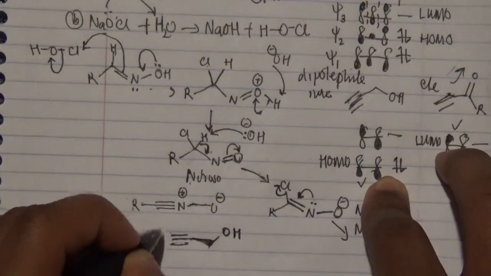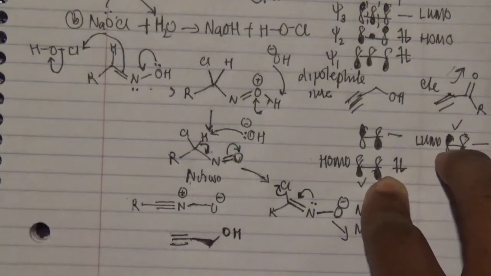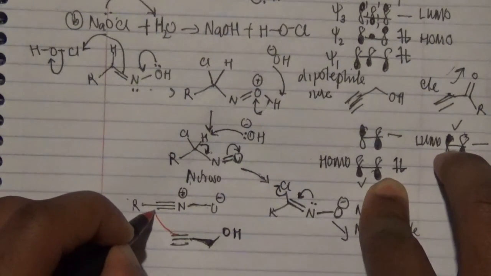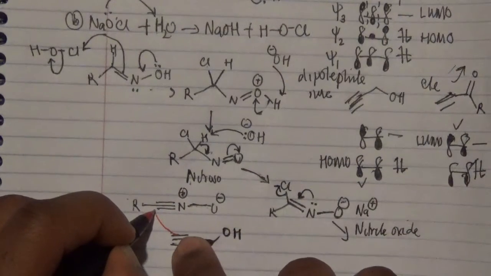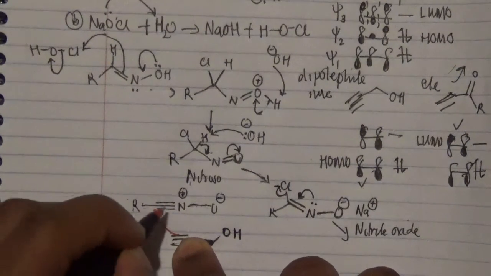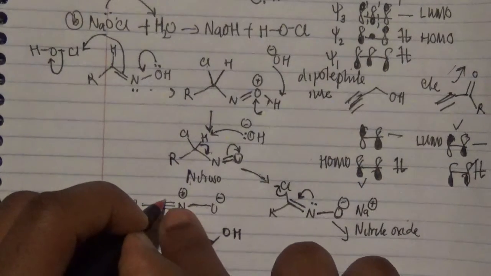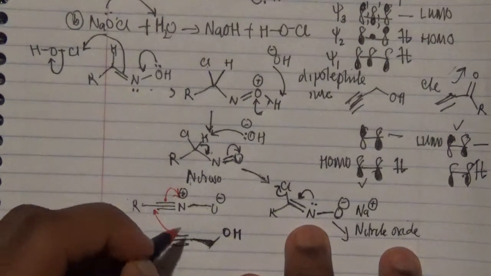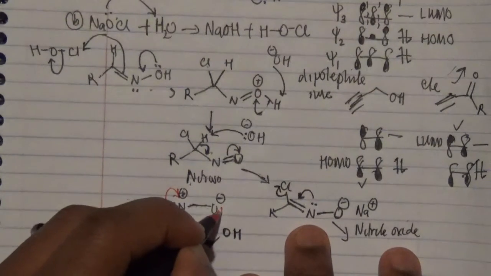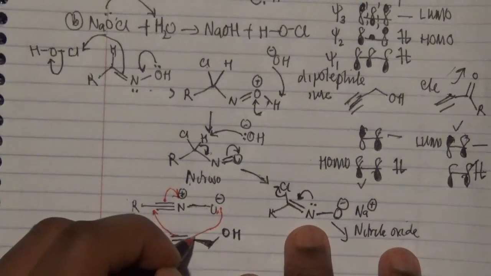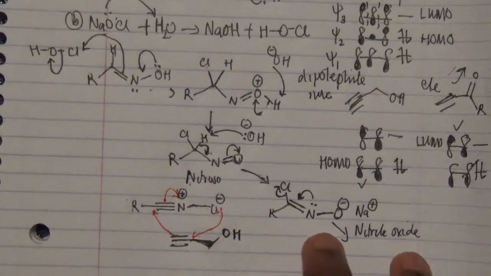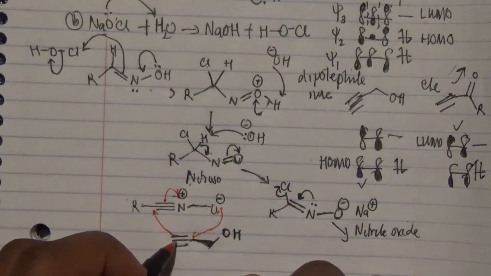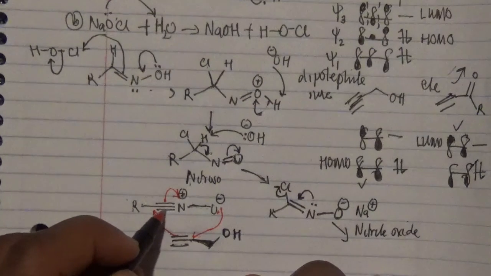of electrons into this particular species over here, where we're going to have this triple bond, one of the bonds over here then interacts with this carbon, and then one of the bonds over here cleaves off and forms a lone pair on the nitrogen, and then oxygen with its lone pair interacts with this particular carbon, thereby forming sigma bonds over there and sigma bonds over there, making this a double bond, and here I'm making this part a double bond.